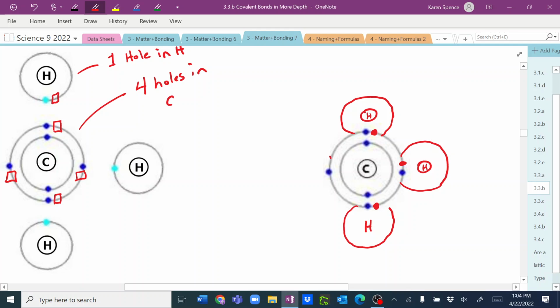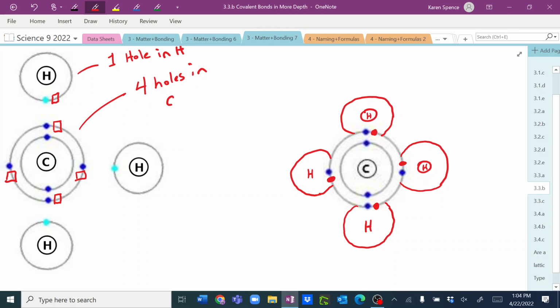And a fourth one. And that's lovely because now carbon has how many electrons in its outer shell? 1, 2, 3, 4, 5, 6, 7, 8. How many electrons does each hydrogen have in its outer shell? 2. So is everybody happy?